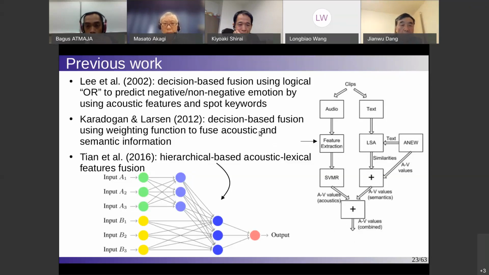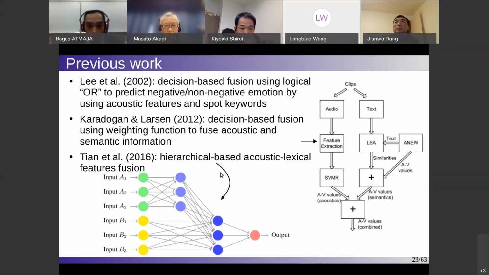So again, the idea is the same, but the concept is different, because the linguistic information here comes from a dictionary and some handcrafted features, and I use word vectors, word embeddings, to represent emotion within sentences. And in the third study, by Tian et al., the idea is about the networks.